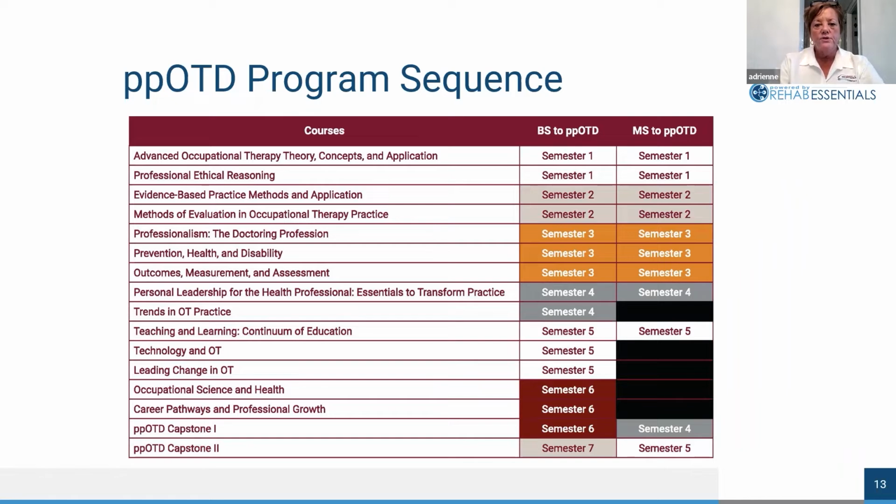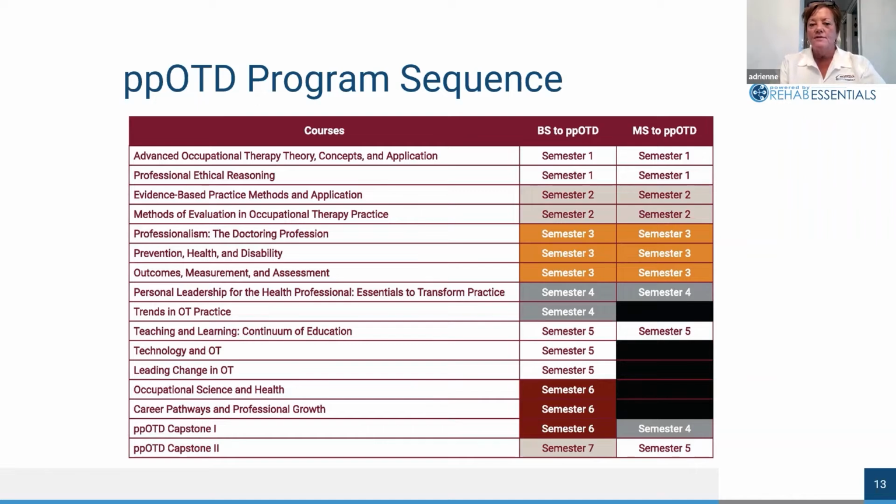So I think it's a really good visual of what you'll be doing from semester to semester. Generally, it's 2 courses a semester. Those of you that might be coming in with a bachelor's would be at times taking 3 courses at a time, and they're not meant to be overwhelming.